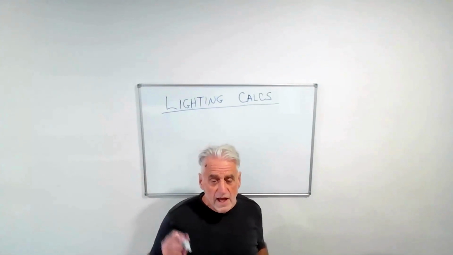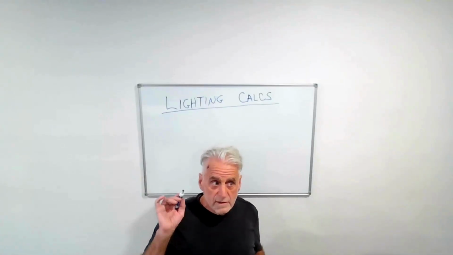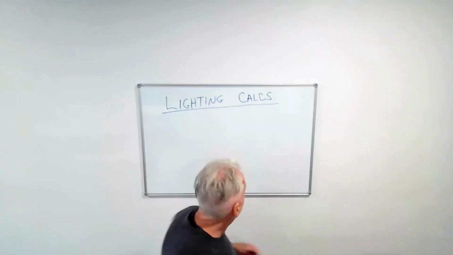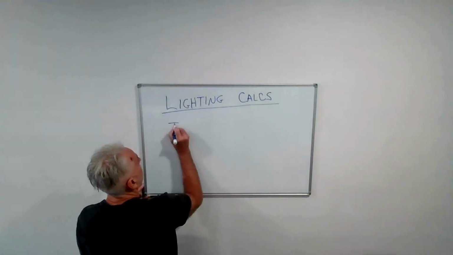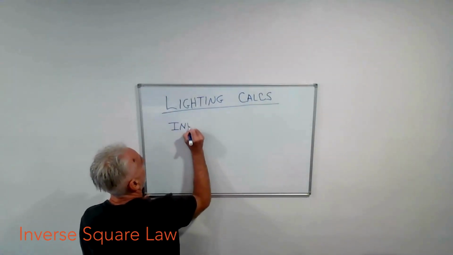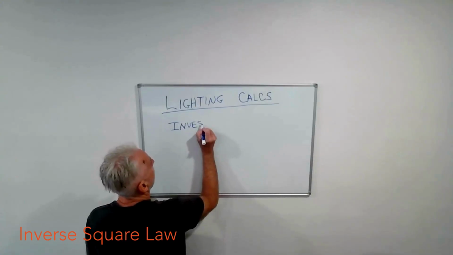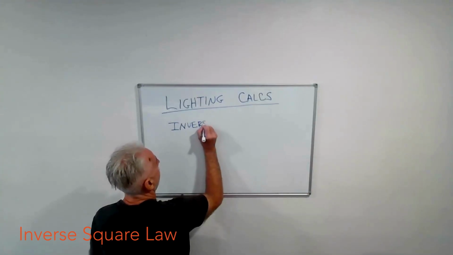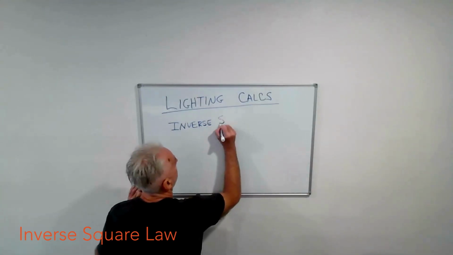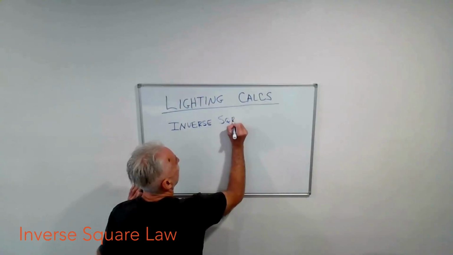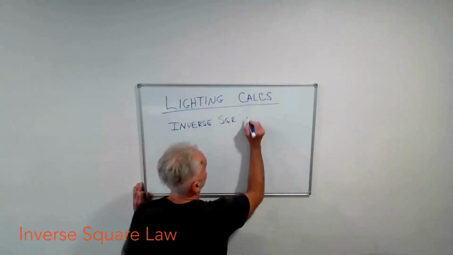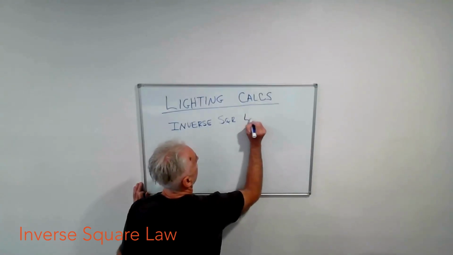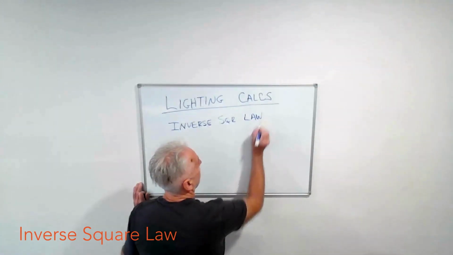So the three calcs that we're going to look at today, the first one is the inverse square law. I will be abbreviating whenever possible. Okay, the inverse square law.